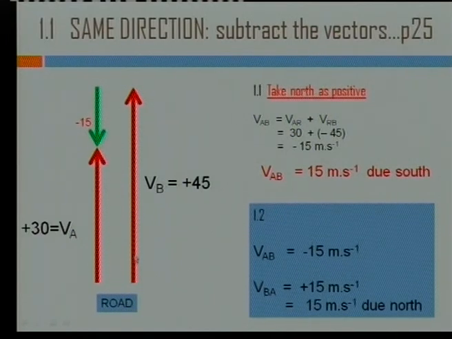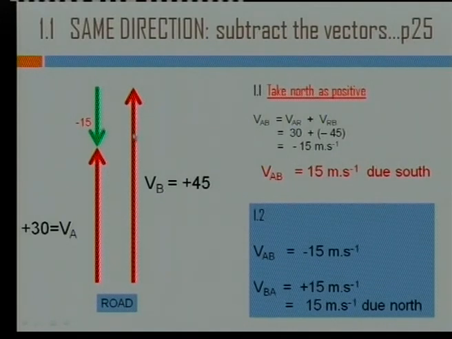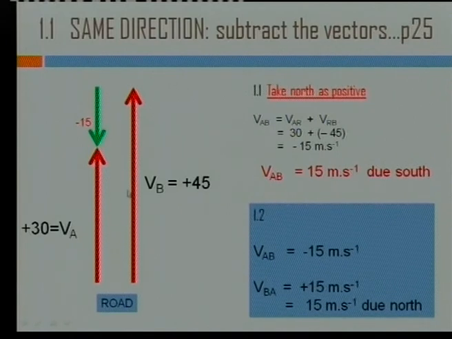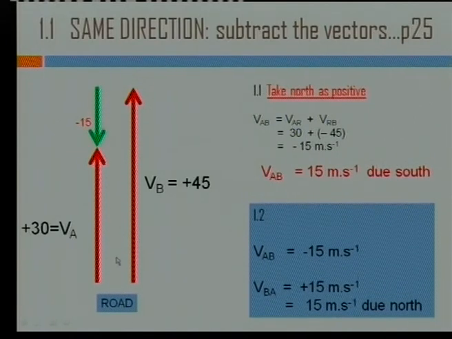But when I say I view the road relative to B, it means I'm standing here now and I'm watching the road moving, so to speak, and that is in the opposite direction. That's why I changed to negative 45.